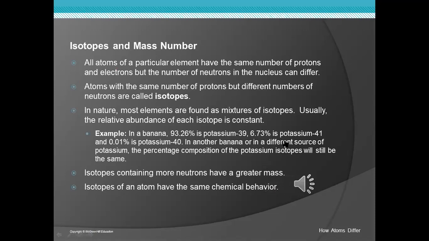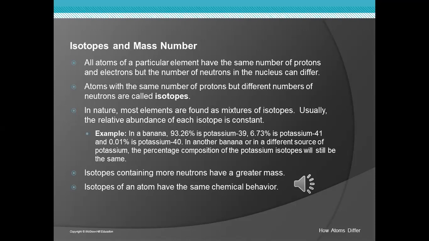All atoms of a particular element have the same number of protons and electrons, but the number of neutrons in the nucleus can differ. Atoms with the same number of protons but different numbers of neutrons are called isotopes. In nature, most elements are found as mixtures of isotopes.